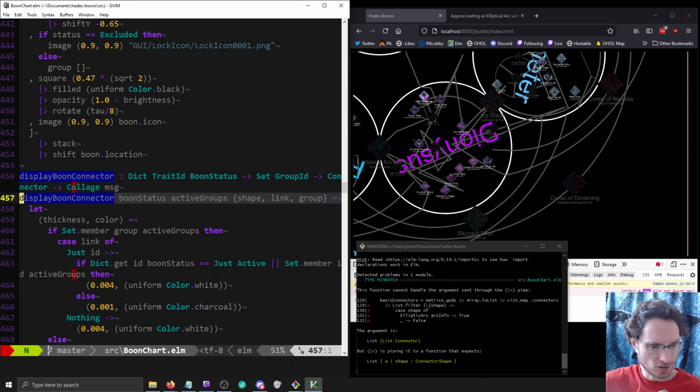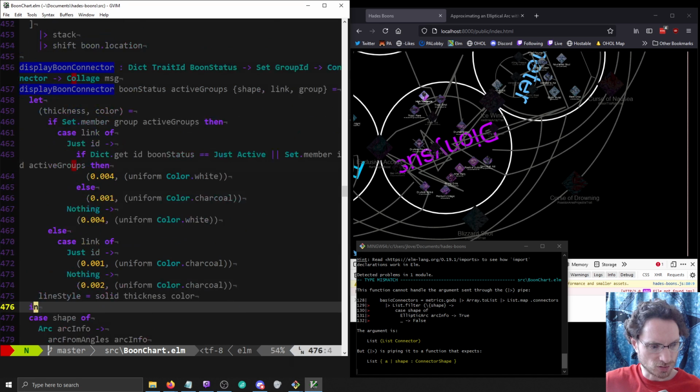Set group a die, connector, shape, link group.